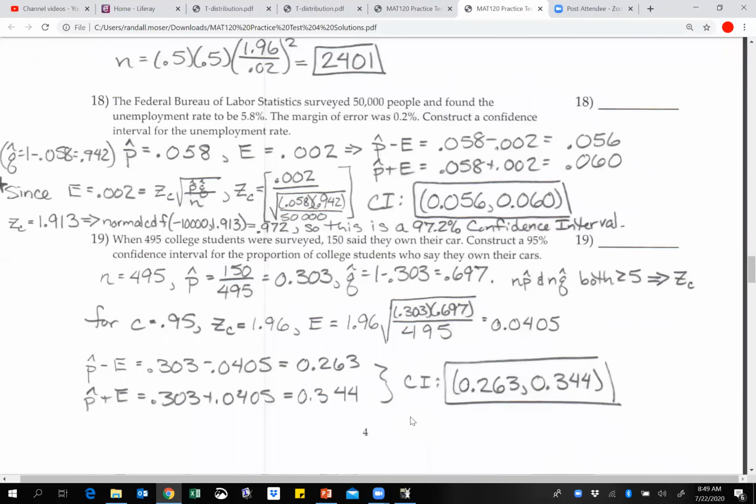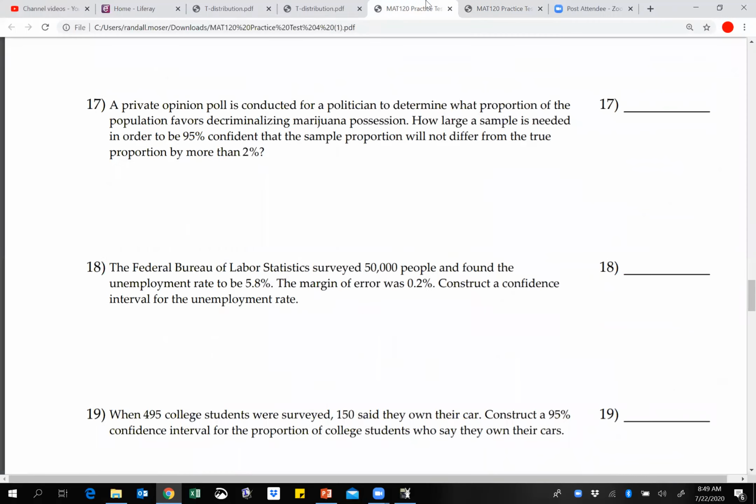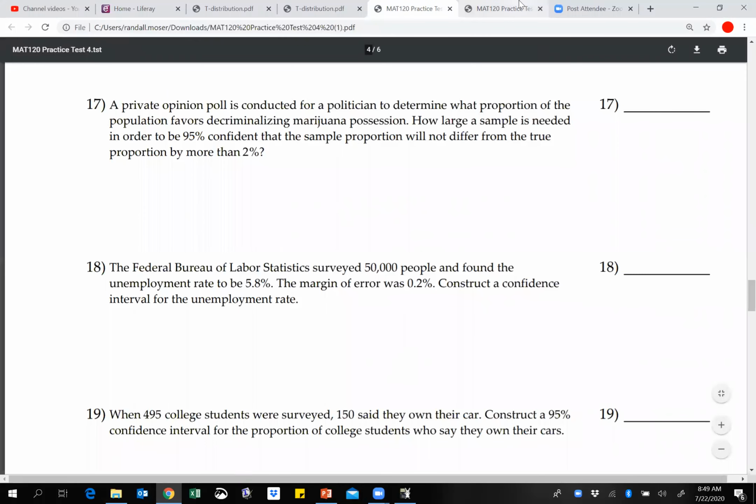I guess in this question, that threw me off because we have to calculate our ZC. Now we have to use that normal CDF. Oh, you know what? This one's actually straightforward. Sorry. Yeah, so we only have to use the normal CDF for this one because, let's go back here.